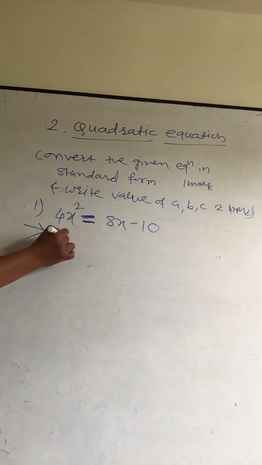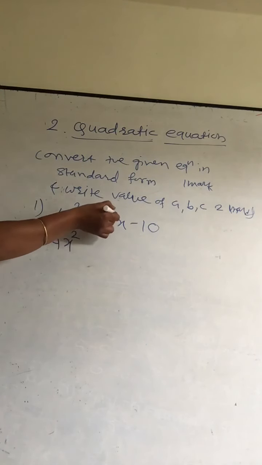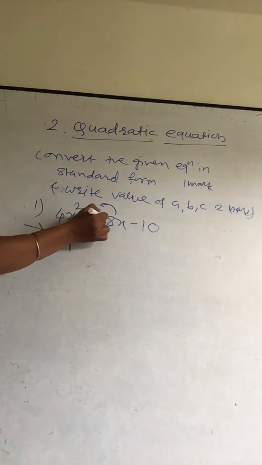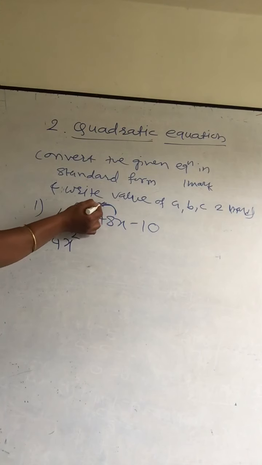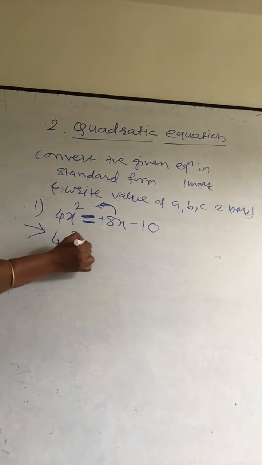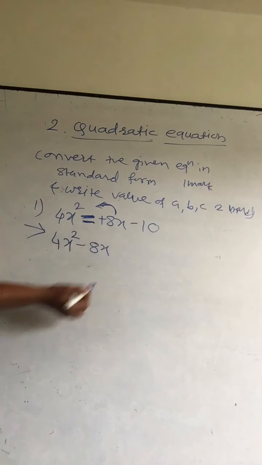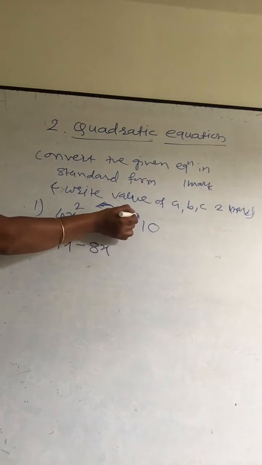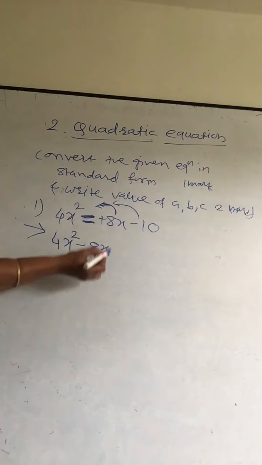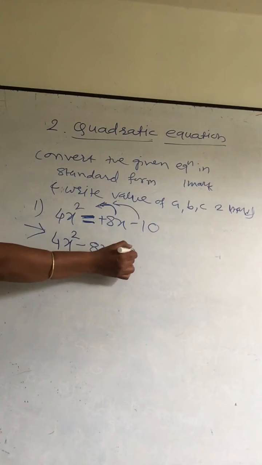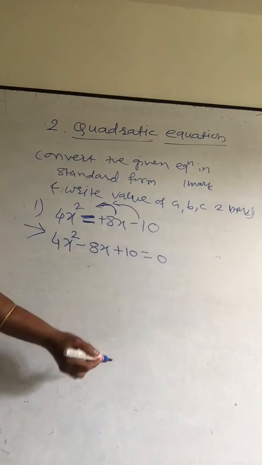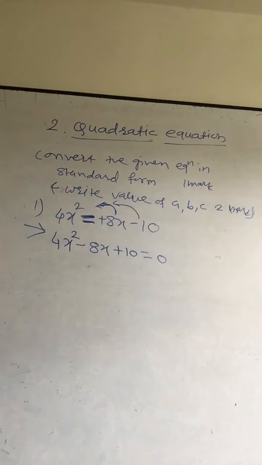So 4x square, here 8x has a plus sign. When this 8x is shifted to left side, it becomes minus 8x. This minus 10 shifted to left side becomes plus 10. Sign will change when we shift from right to left, and right side becomes only 0.